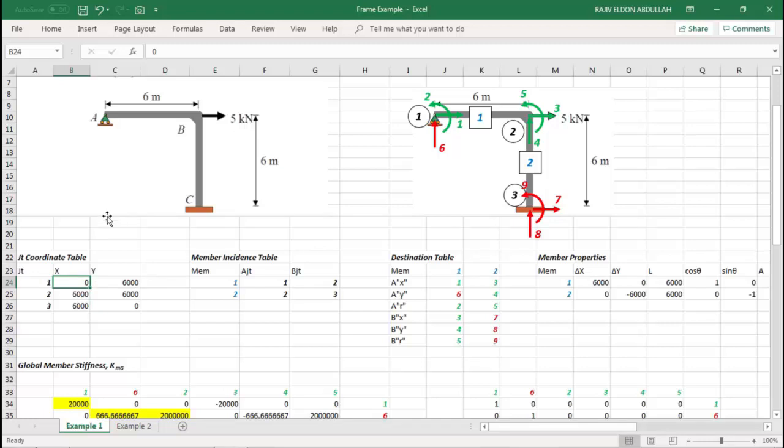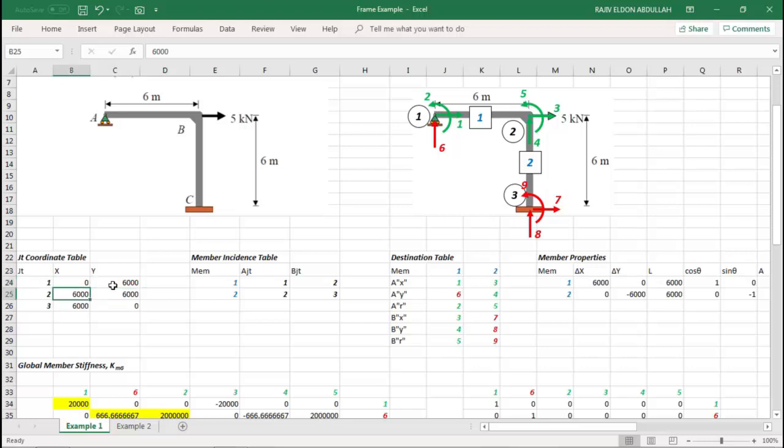Remember, this is our origin. The entire figure, the entire structure should be in the first quadrant. So this is our origin. The x coordinate of joint 1 would be 0 here. Then the y coordinate would be 6,000 millimeters or 6 meters here.